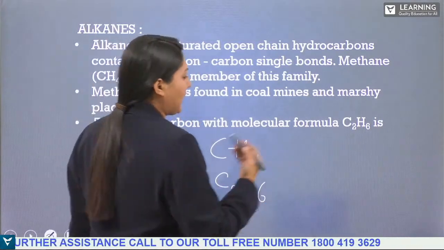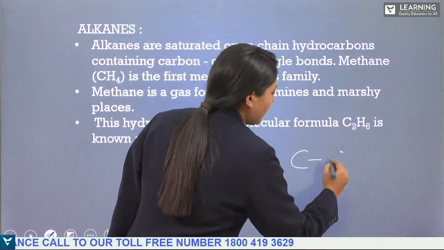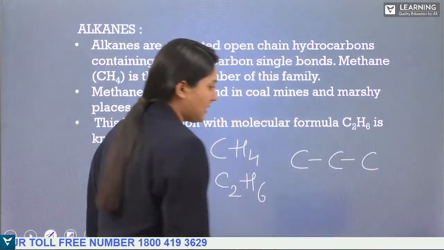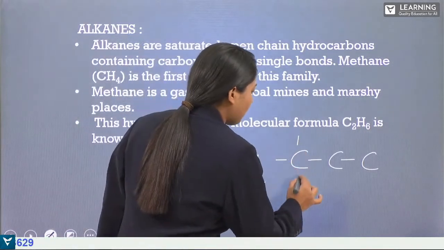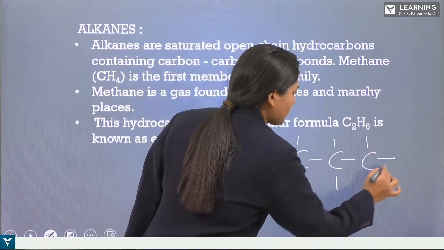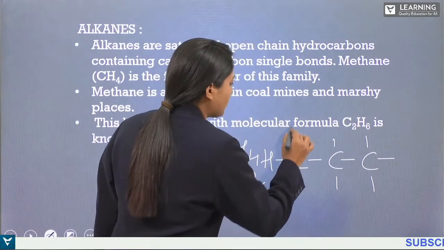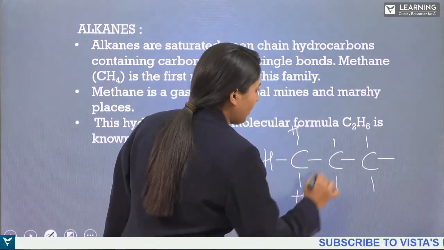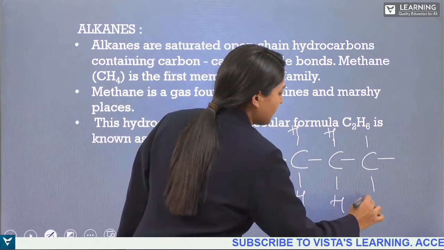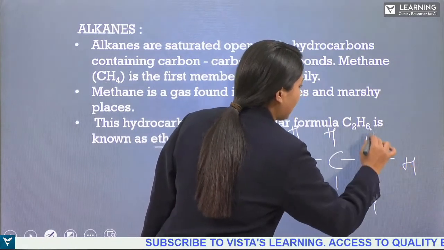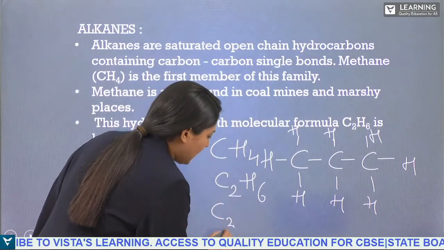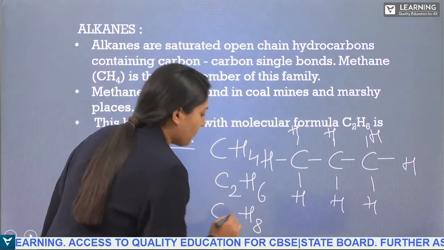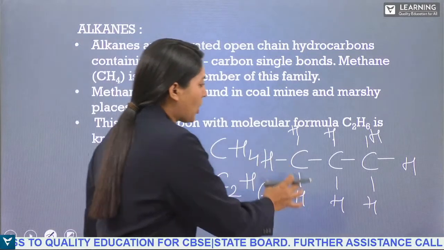Methane is CH4. Ethane is C2H6. If I take the next one, propane will have 3 carbon atoms with single bonds, and accordingly will have the hydrogens. So 1 hydrogen, 2, 3, 4, 5, 6, 7 and 8. So we can see C3H8. So this is the compound.